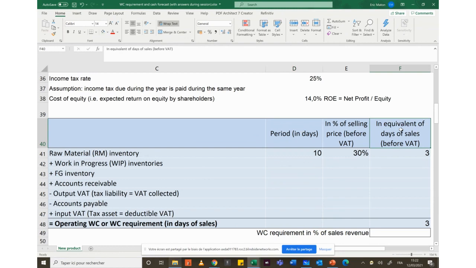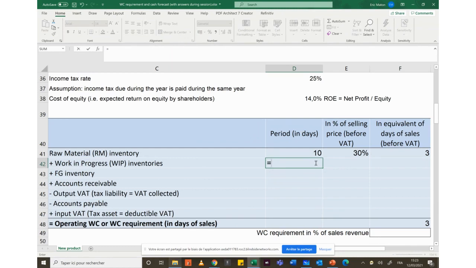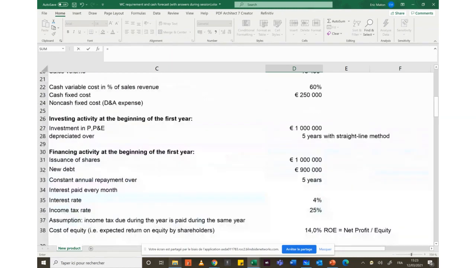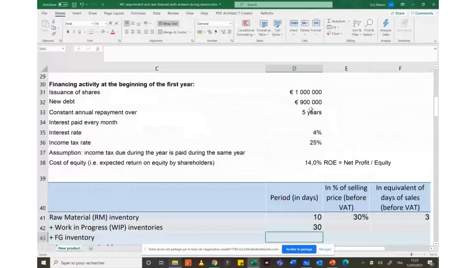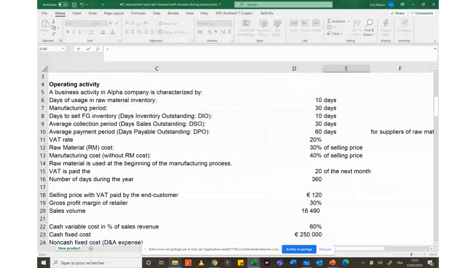For the work in progress inventory, it means it's a product not already finished. We know, so here it's about the production process, 30 days, but the product is not finished. So we know that the raw material cost is here from the beginning. So because it's here from the beginning, we put the 30%.